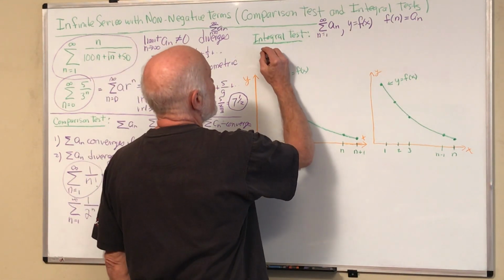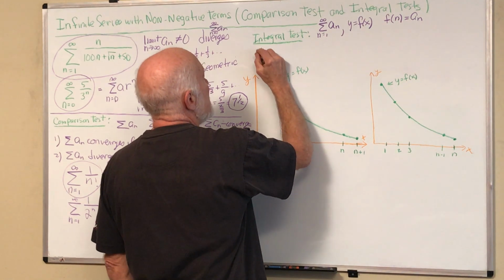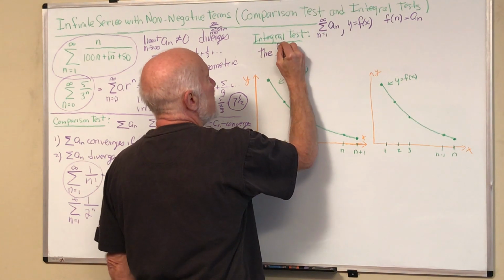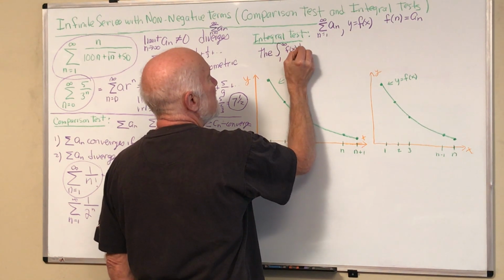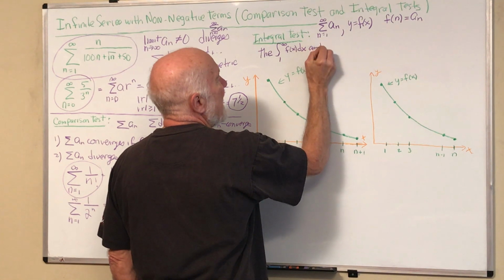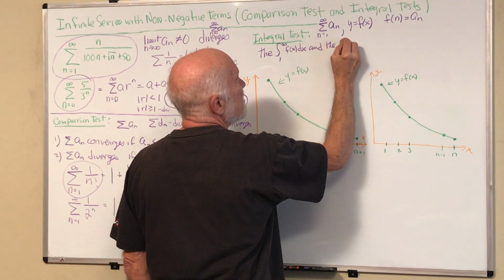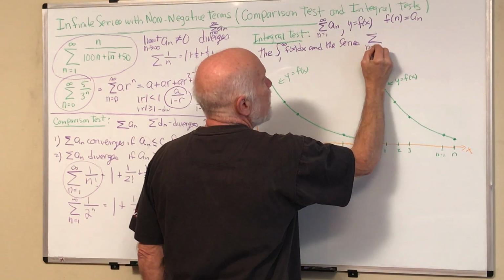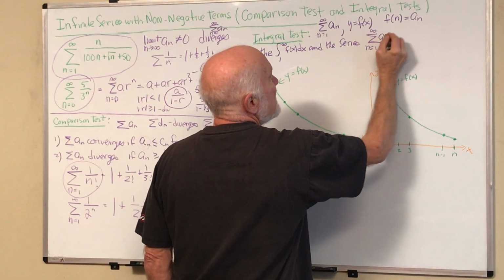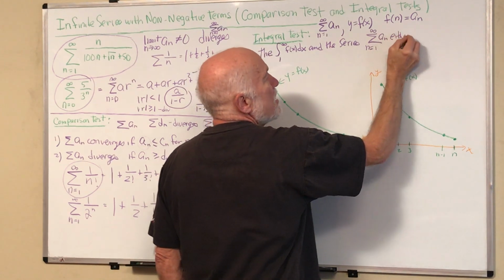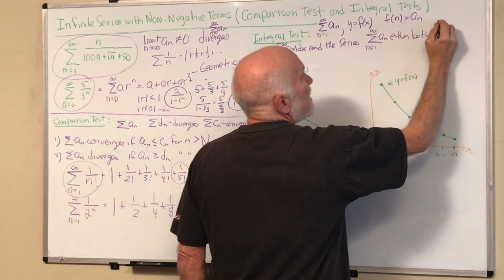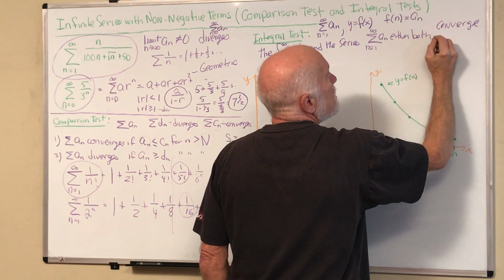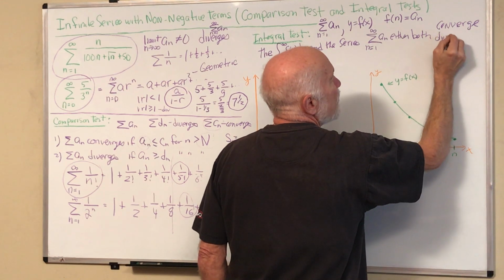Then what we can say is the integral from 1 to infinity of f of x dx and the series, the summation n equals 1 to infinity of a sub n, either both converge or both diverge.